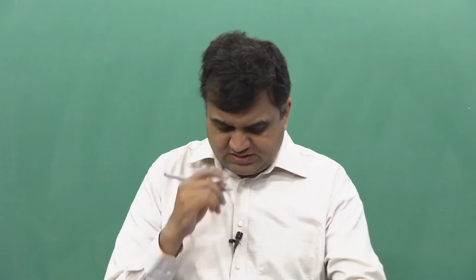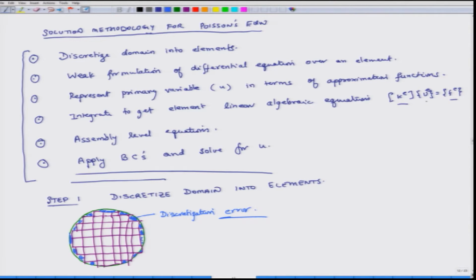We can discretize this domain into elements, and what we see that is something very fundamentally different in the context of 2D is that the domain geometry is not necessarily accurately captured by all of our elements, right. So all these blue areas represent the discretization error related to domain approximation.